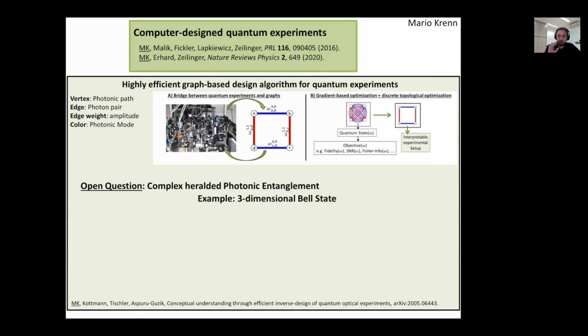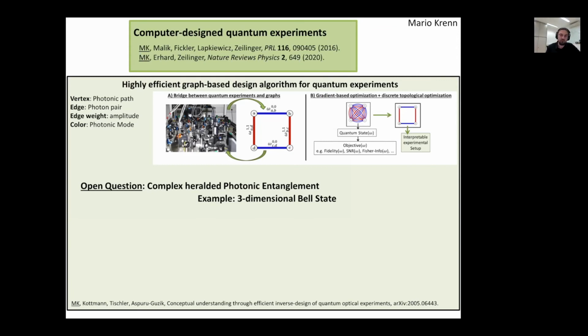So in quantum optics, one important question is how to create heralded entanglement. The problem in quantum optics is that the sources of entanglement are probabilistic pair sources. That means they create photon pairs at a random time, and you never know when they create a photon pair. Only when you measure them, you know that they were there.